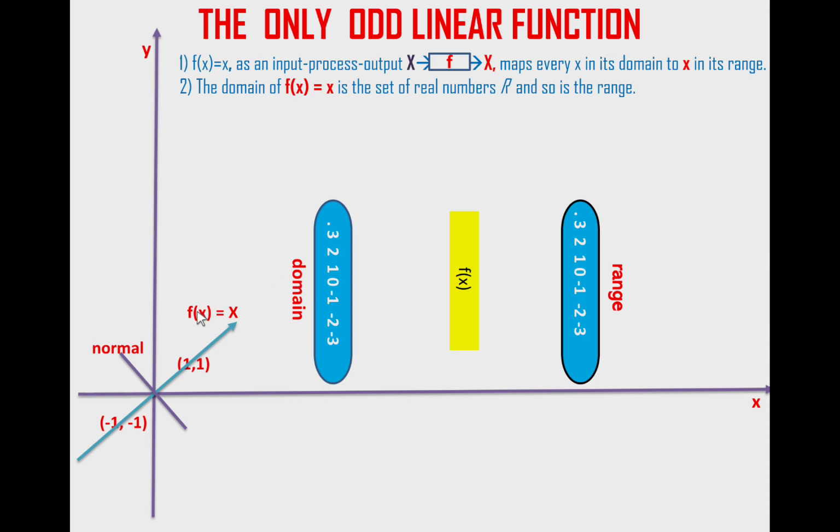Since f of x equal to x, where x represents any of the real numbers in the x-axis, it's equal to x. That means every real number in the x-axis has a matching real number in the y-axis.